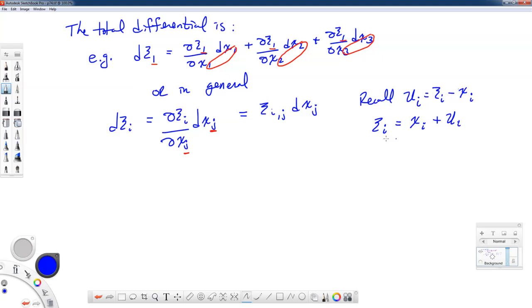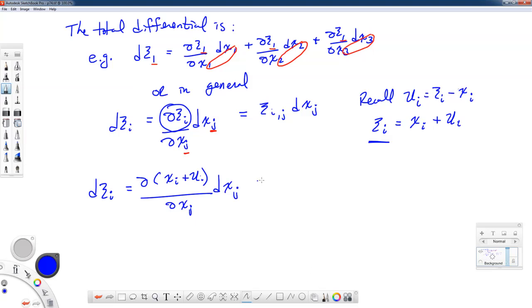So now that we know what an expression for ξi is, we can put that back into here and write dξi is the partial derivative of this quantity xi plus ui with respect to xj, dxj.